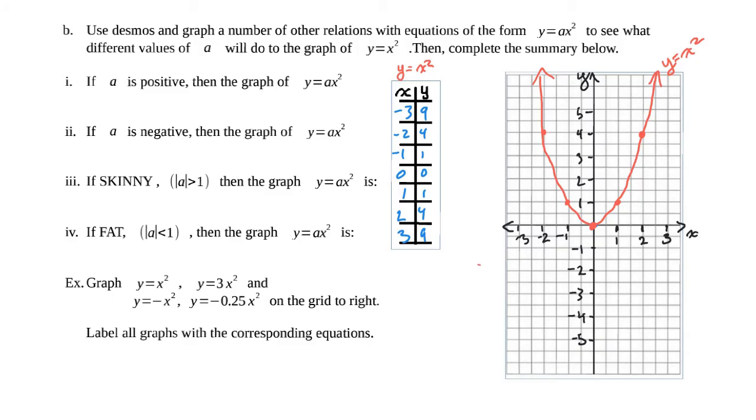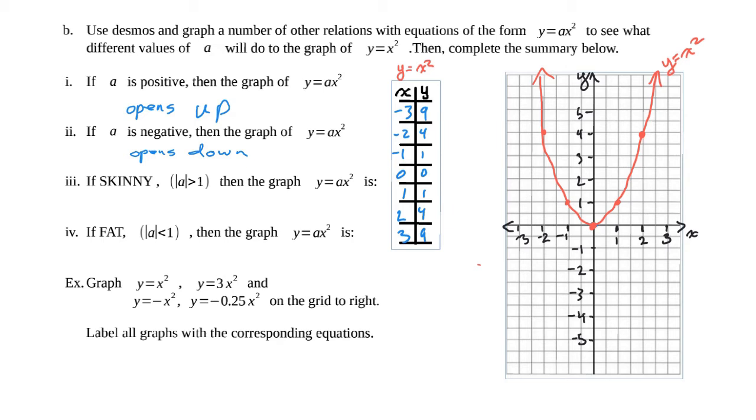All right, so coming back from Desmos, here's some of the things that we understood. If a was positive, then we were going to say that the graph opens up. Now, if the a value is negative, then the graph opens down. So let's give you two examples.